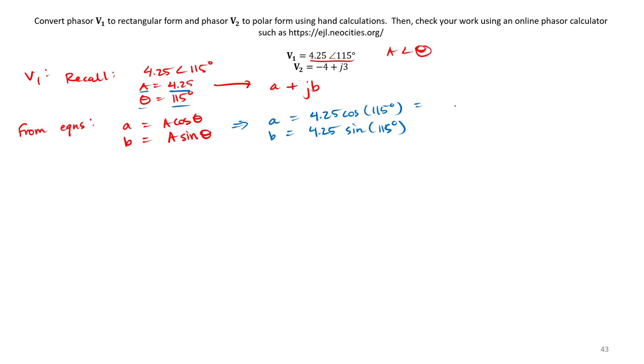Make sure you're in degree mode, and if your calculator is in degree mode, we get negative 1.796 for A, and we get 3.852 for B. That gives us V1 is equal to negative 1.796 plus j3.852 in rectangular form.